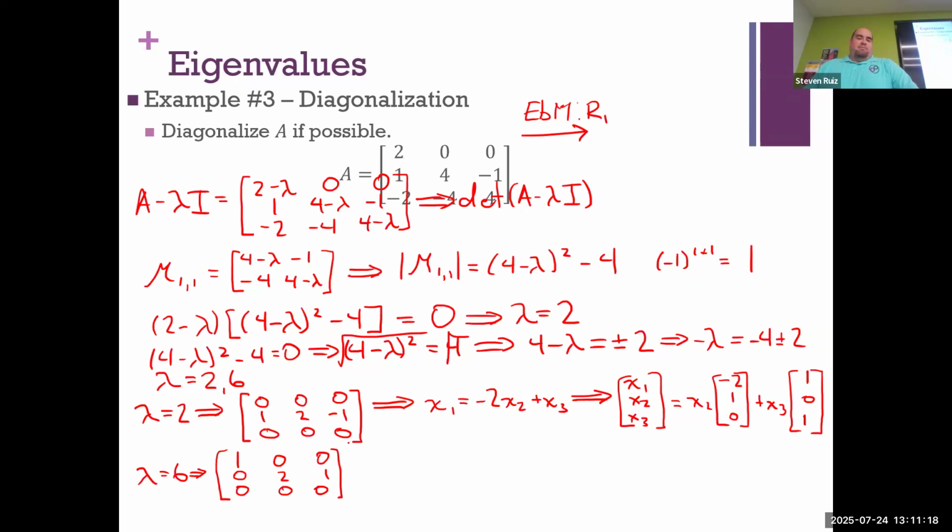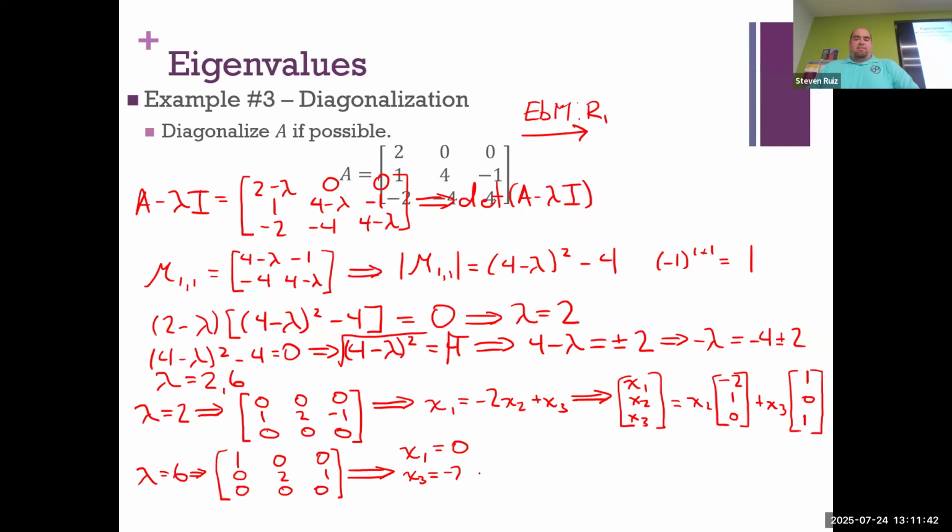All right, so what did we just learn? x1 is 0. Let's try to avoid fractions.